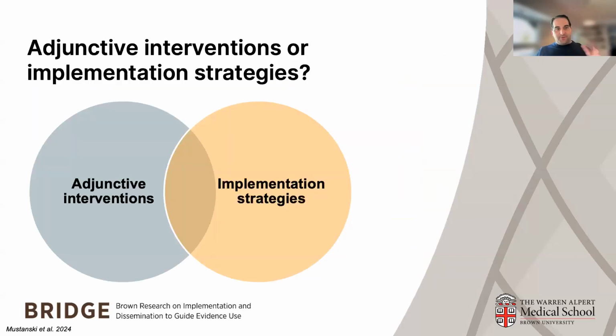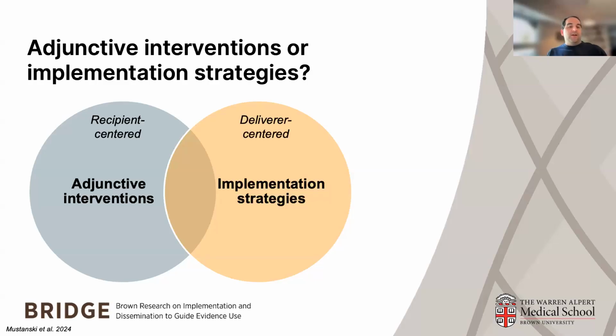Something that I also want to make note of here is this tension between implementation strategies and what other people have called adjunctive interventions. I'm not going to get too much into the nitty-gritty of this, but the way that I think of distinguishing whether what we're doing is really implementation science is to think about where these interventions, practices and strategies are focused.